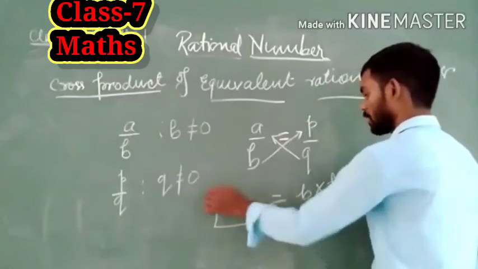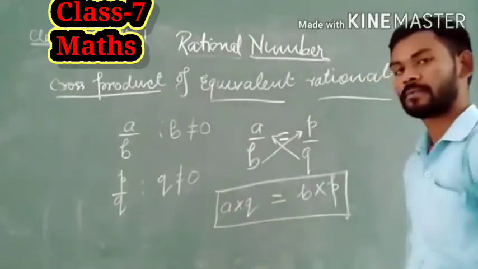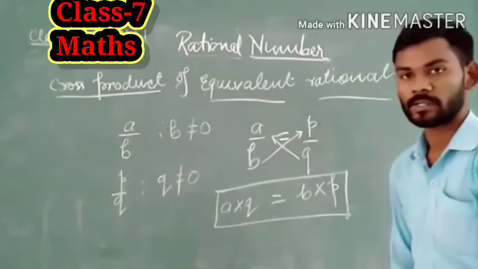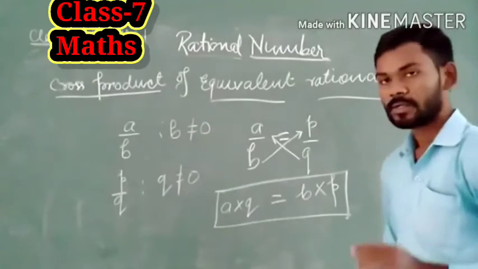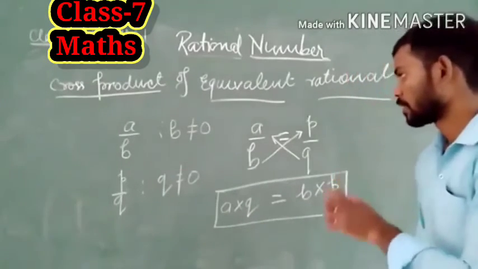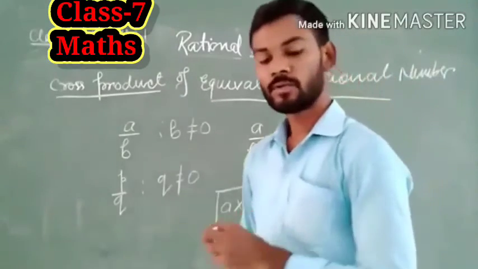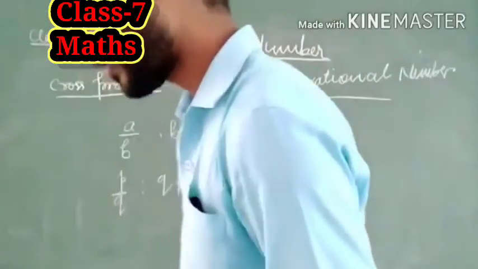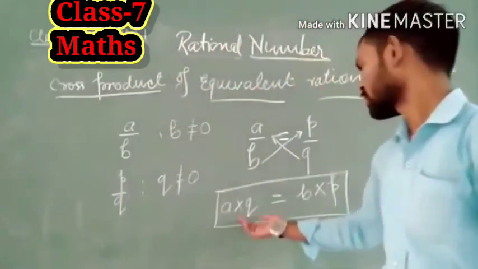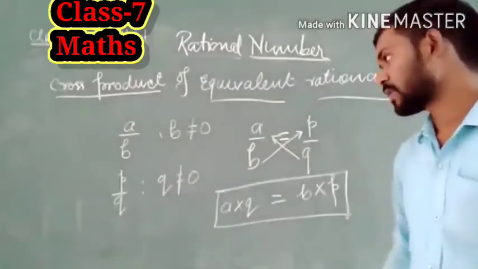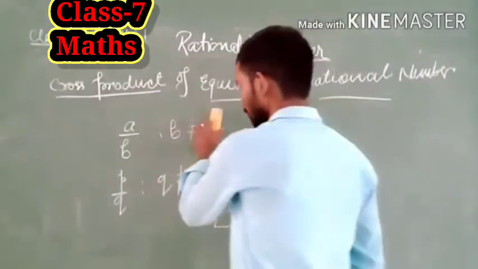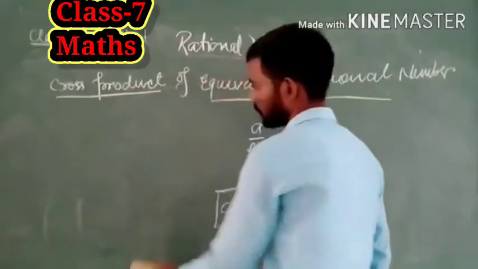So this is the cross product of equivalent rational numbers, and it is obvious that whenever we take two equivalent rational numbers, their cross product will always be equal. So here we can take an example.